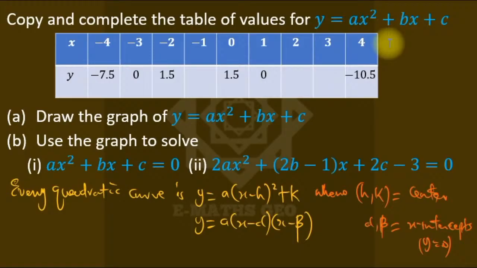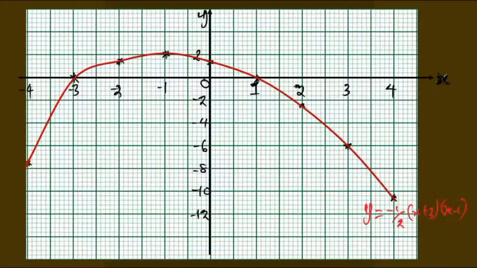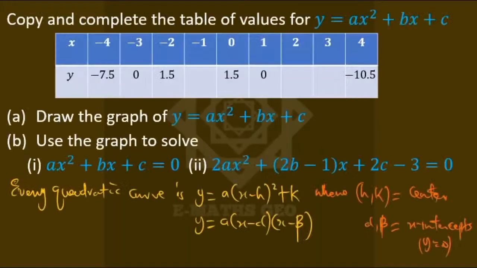So remember that the equation is now ax squared plus bx plus c. So what I've plotted, where is y 0? So I'm solving the first part. So meaning where y is 0.